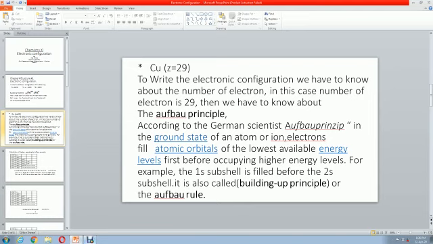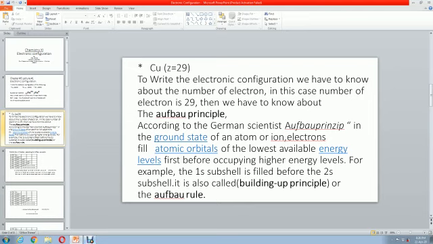According to the German scientist, in the ground state of an atom or ion, electrons fill atomic orbitals of the lowest available energy levels first before occupying higher energy levels.